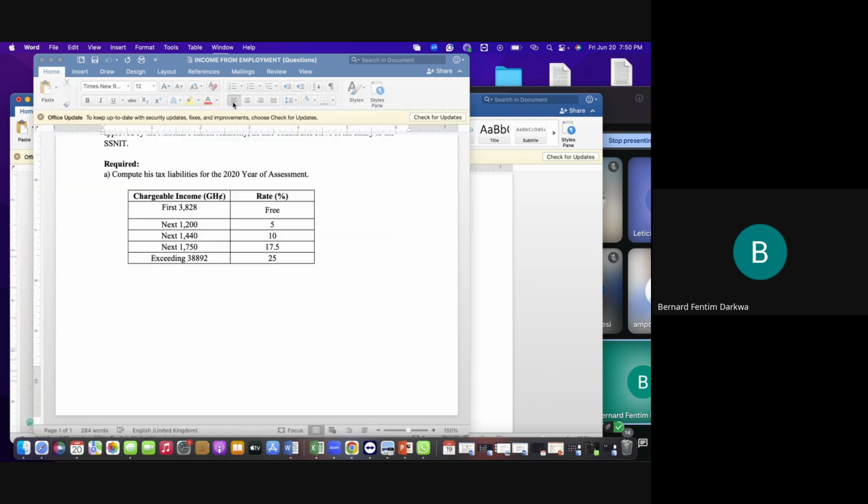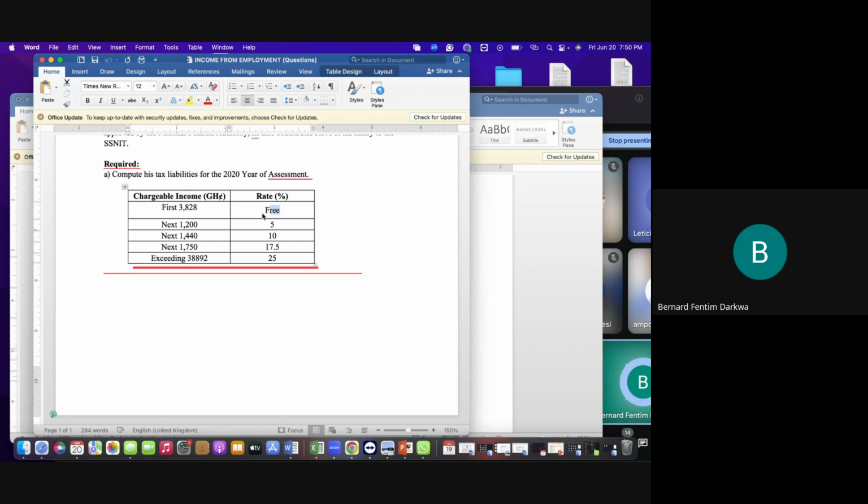First take this amount, that one is free. When you finish and there's some income left, take the next 1,200 at 5%. The next 1,440 at 10%. Then if money is still there, you go to the next 1,750 at 17.5%. Then exceeding 38,000, whatever is left, 25%. That's how the table is.